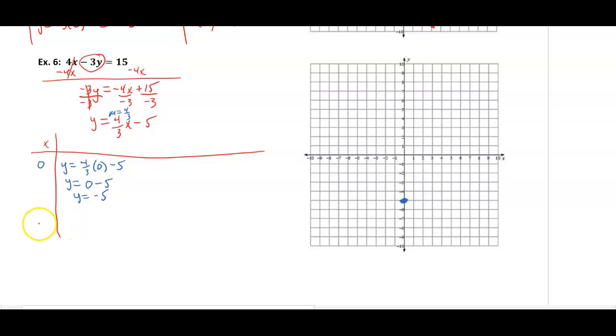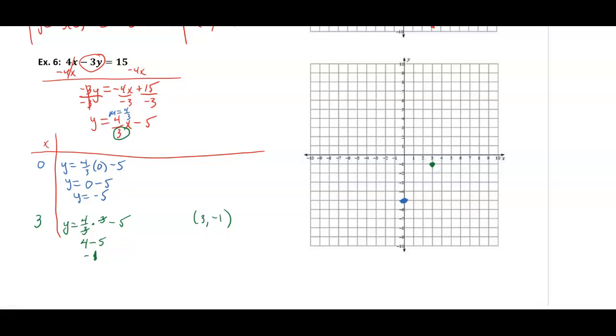My next point then, since my denominator is 3, I'm going to use 3. y equals 4/3 times 3 minus 5. 3's cancel out, leaves me with 4 minus 5, which is negative 1. My ordered pair here would be 3, negative 1.